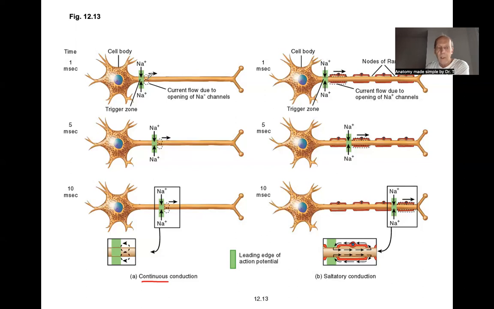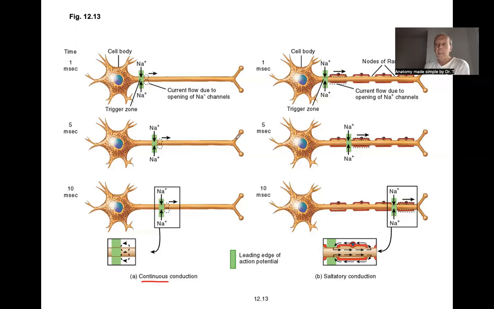When more of them are open, this segment will become depolarized and will start moving downward, but it's a continuous process which requires a little bit more time to conduct the action potential from where it was generated all the way to the axon terminal.